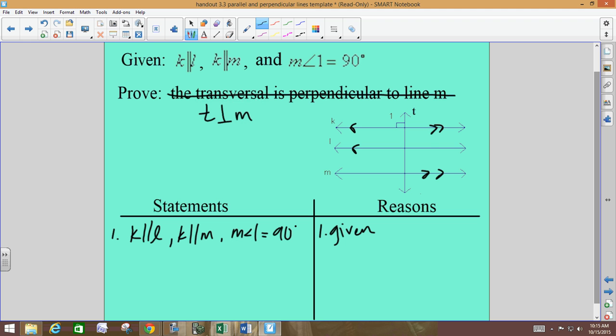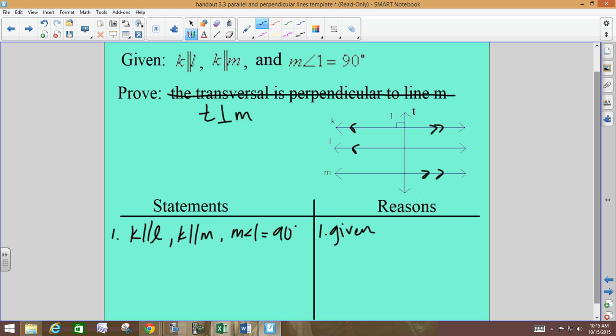Do we know if K is parallel to M? You do? Oh yeah, we do. So, do we know if T is perpendicular to K? Does it say that?